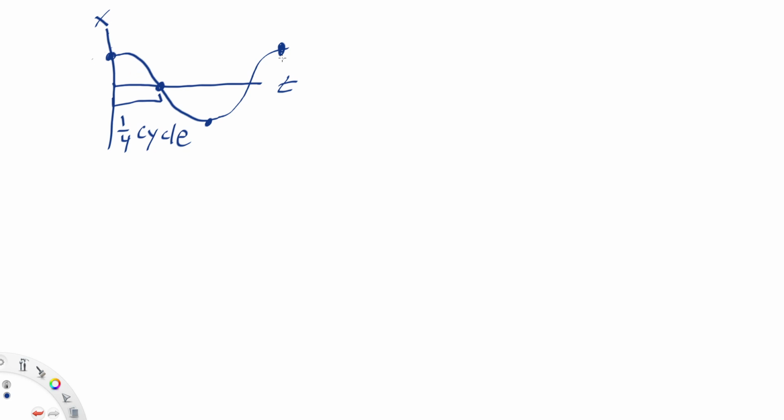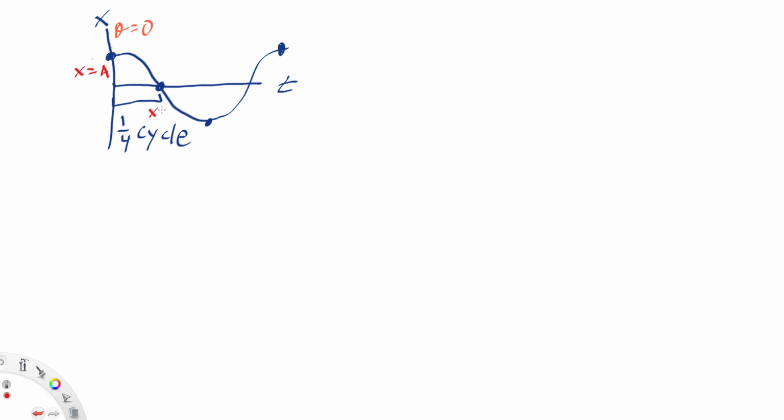Now we're used to thinking of our trig functions as going from 0 to 2 pi. And that actually is a really useful way to think of this here, because this could be our theta equals 0, or it could be our stretch equals a maximum.